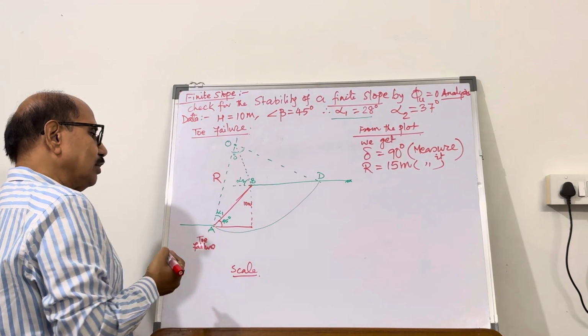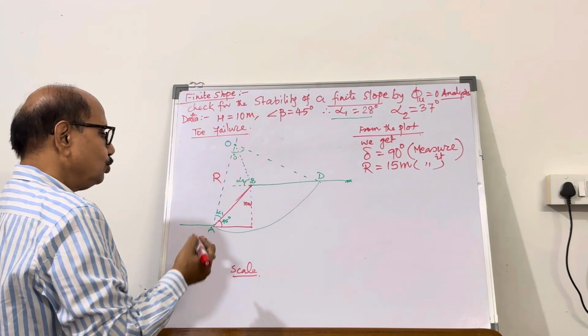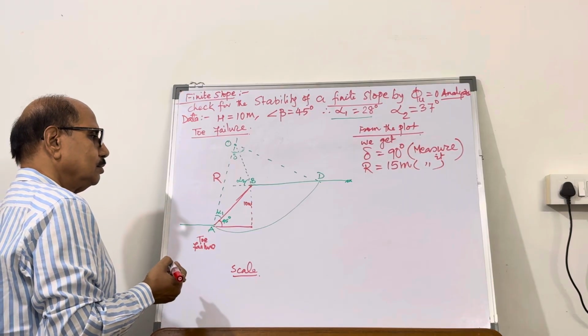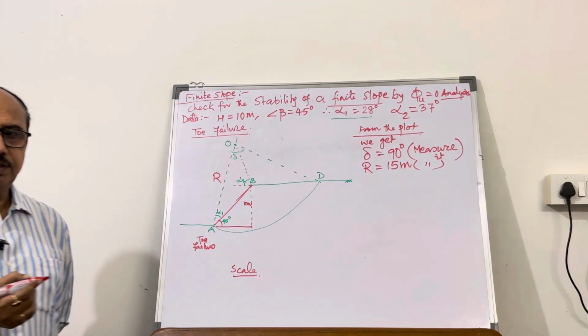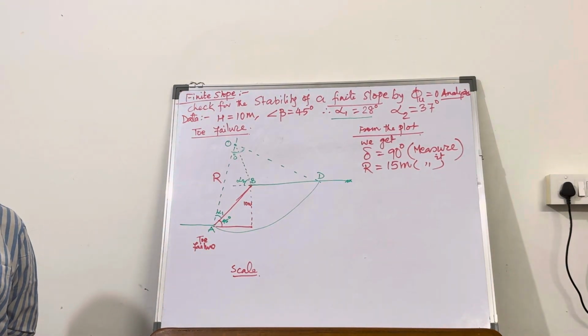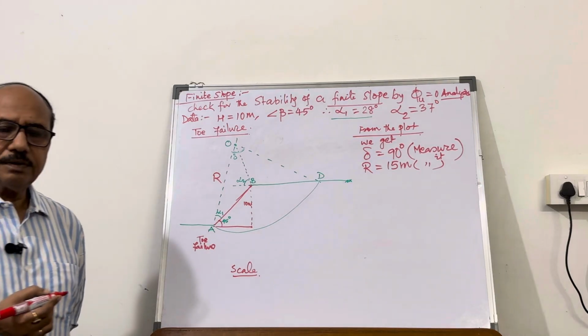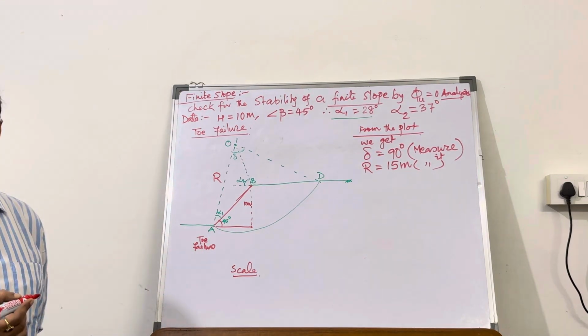So, in phi u equal to 0 analysis, you need to find out the weight. For weight, you require the value of gamma, and gamma is given in the problem.